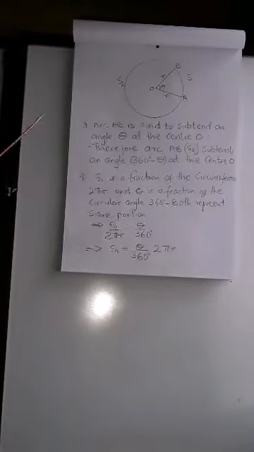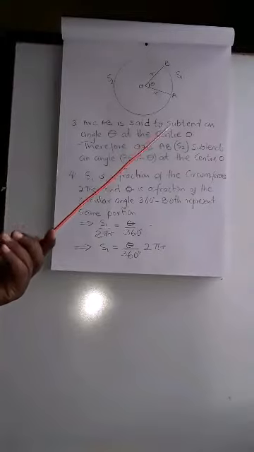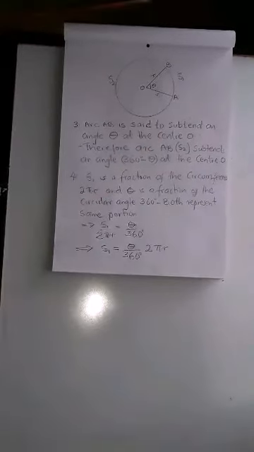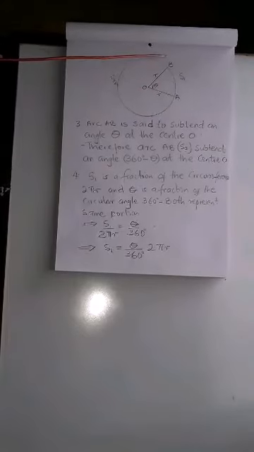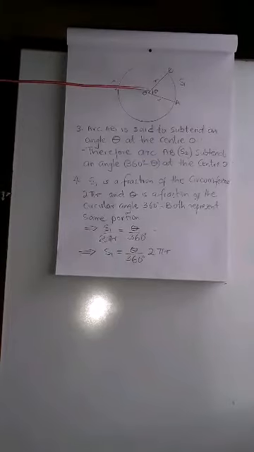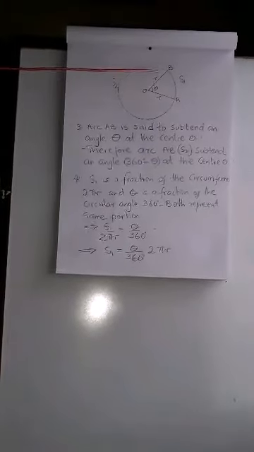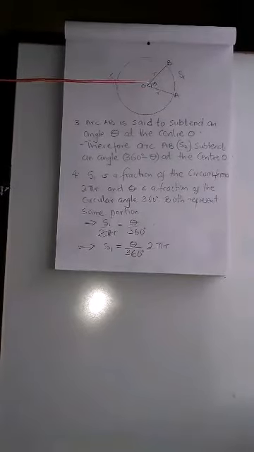All right. Now, there is something I would want you to understand. This subtend, what does it mean to subtend? Arc AB is said to subtend an angle theta at the center of the circle. This arrangement is AB subtends angle theta.